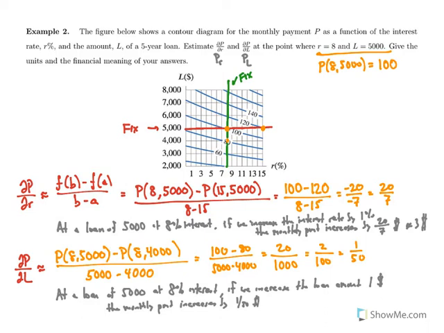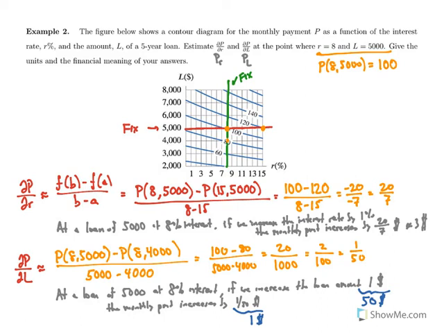And that might be kind of odd to say, so maybe a different way of saying this is that if we increase the loan amount by $50, just multiplying by 50, the monthly payment should increase by $1, which makes a little more sense instead of thinking about 1/50th of a dollar.